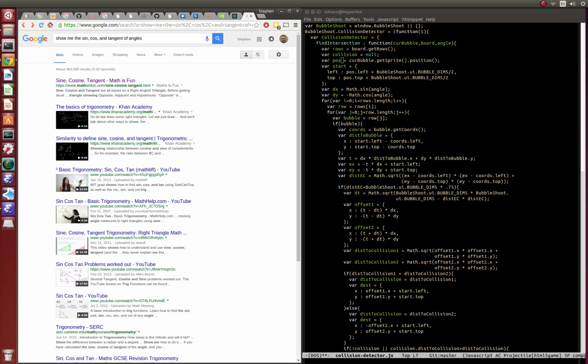I draw measurements. Okay, cool. Oh, that's weird. Alright, anyway. Alright, so anyway, moving on.